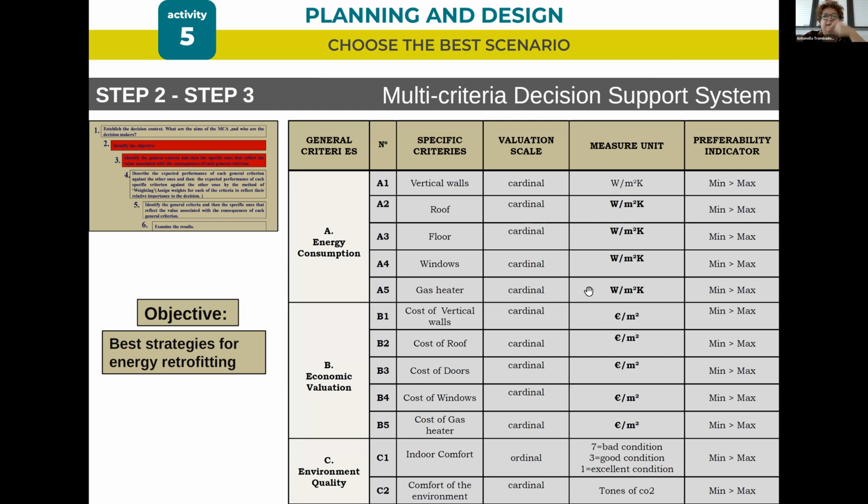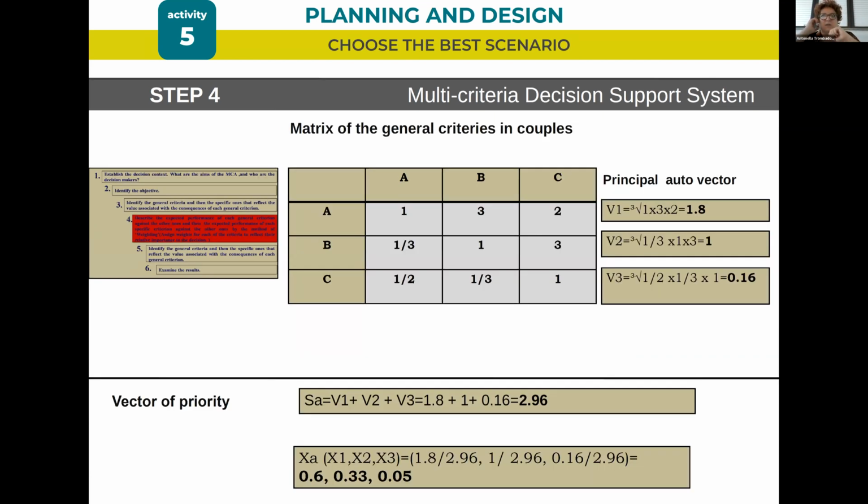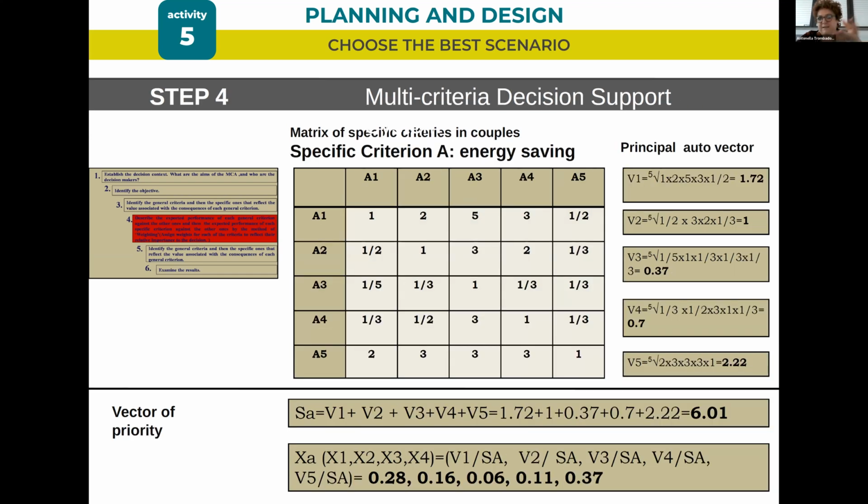So to do this, it's possible to have a mathematical aspect, okay? So assign some weighting and star rating, creating a preference index, and after this create a matrix of the general criteria. It's a mathematical methodology to have a hierarchy protocol. I move very fast because it could be very boring to see all these mathematical aspects.